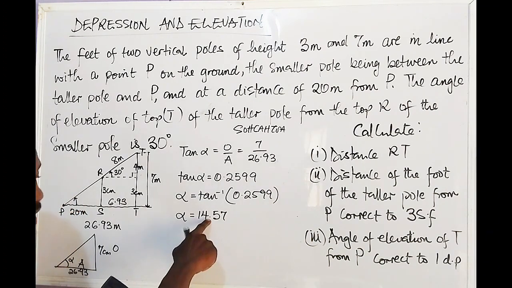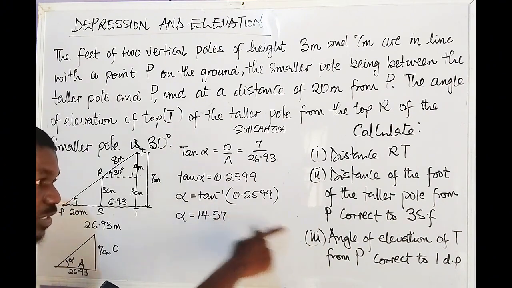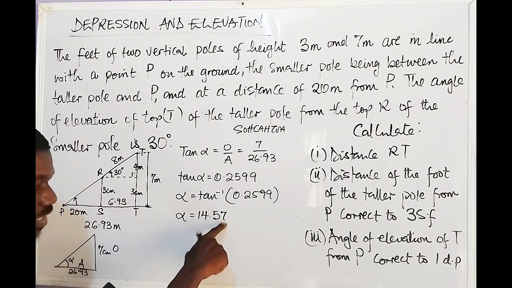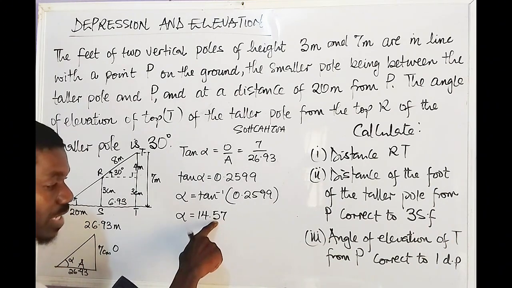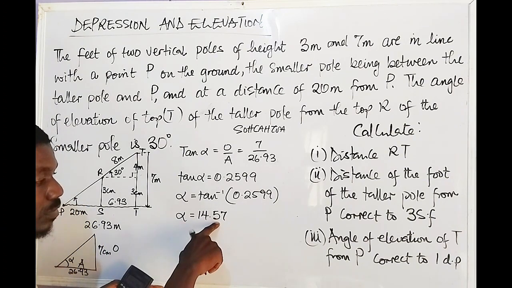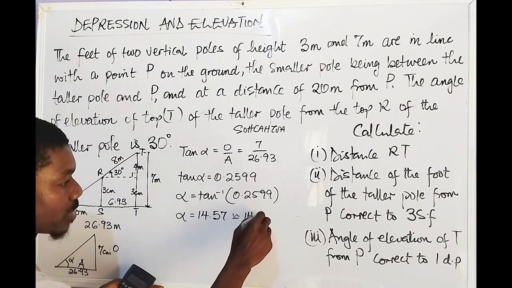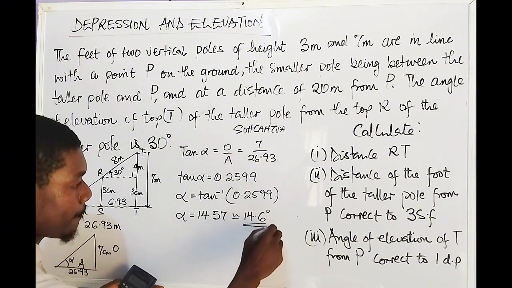So here we now have 1 after the decimal, which is what? 1 decimal place. But the next value here is 7, that is after 5 is 7, and it's greater than 4, so we have to round it up. It becomes 1. You add it to 5, it becomes 6. So approximately 14.6 degrees.